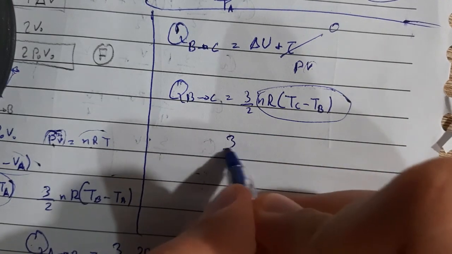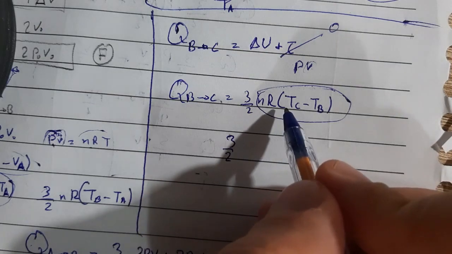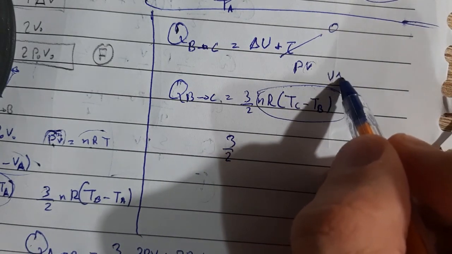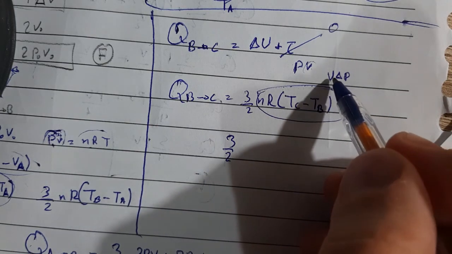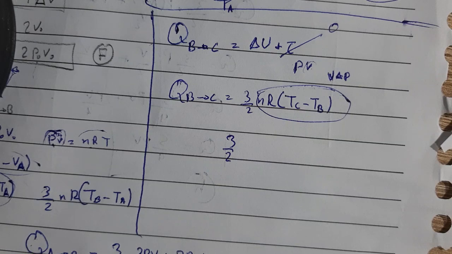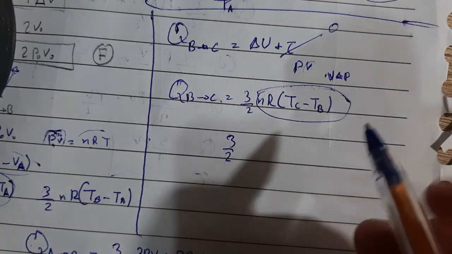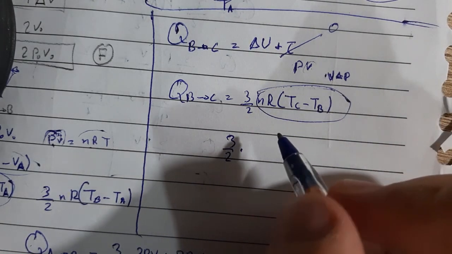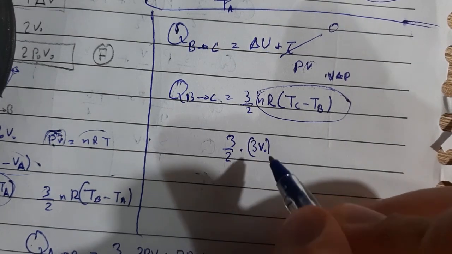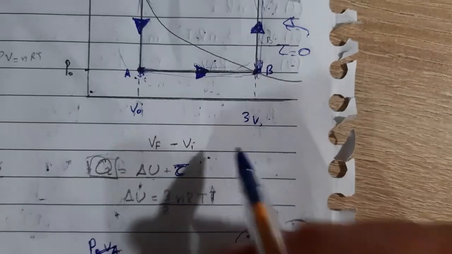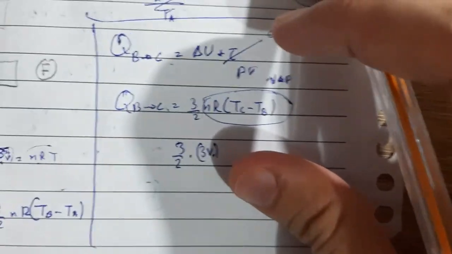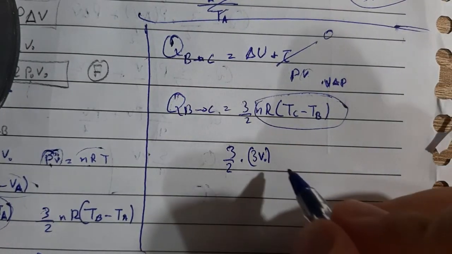So 3 divided by 2 nR versus this one is equal to P variation, volume variation of the pressure. Why? Remember again, because now the volume is constant, so the volume from B to C is going to stay constant, and it is 3V0 in point B. And what about the pressure?